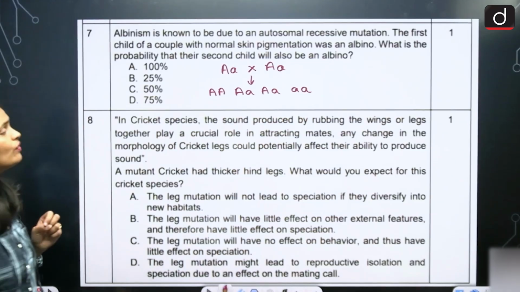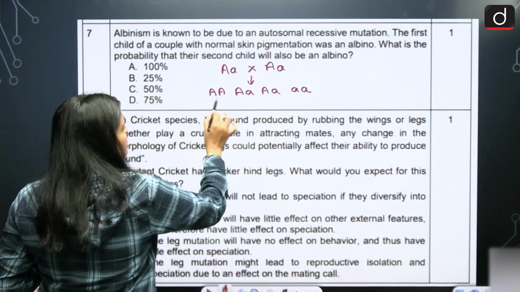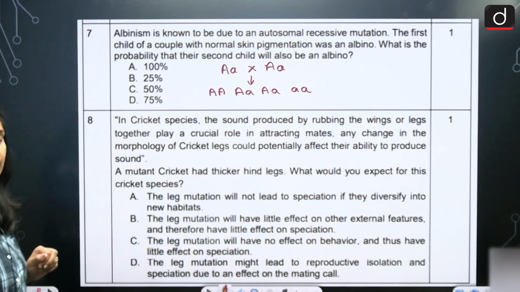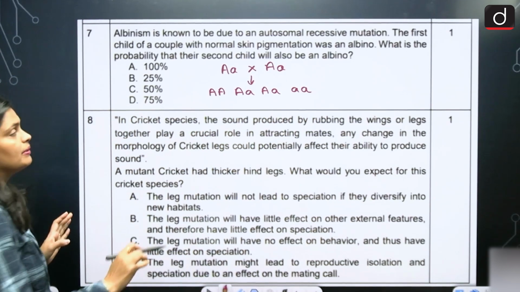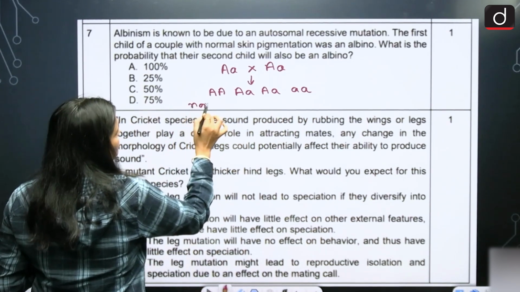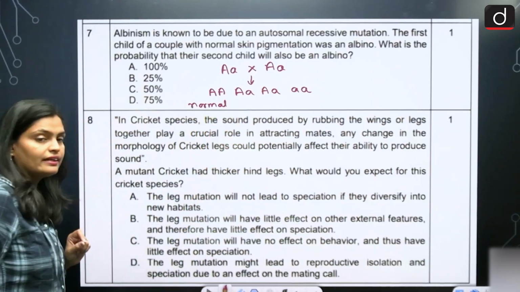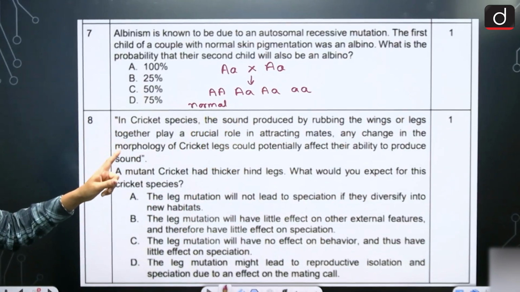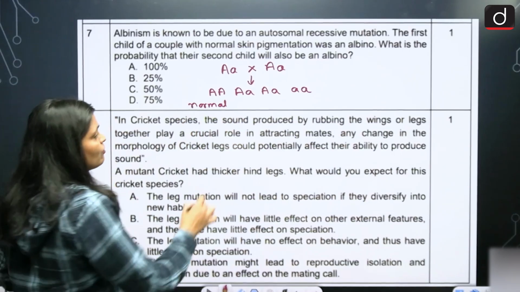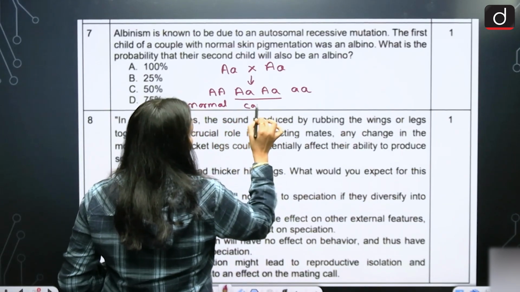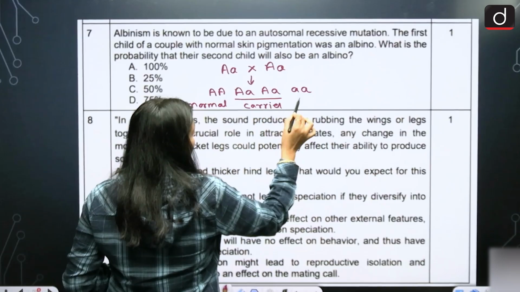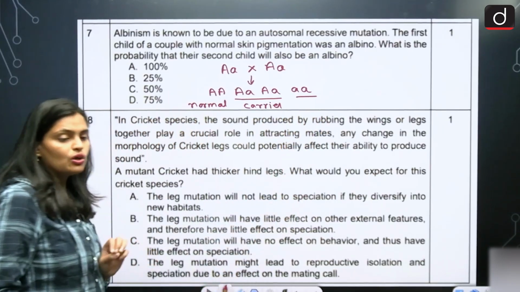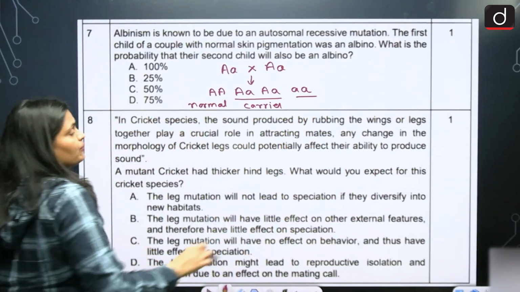Okay. So now what happened? This is what? Capital A capital A is normal. Here you have a normal child, right? Capital A small a is the carrier one. ये कौन है? Carrier. And this small a small a is albino.